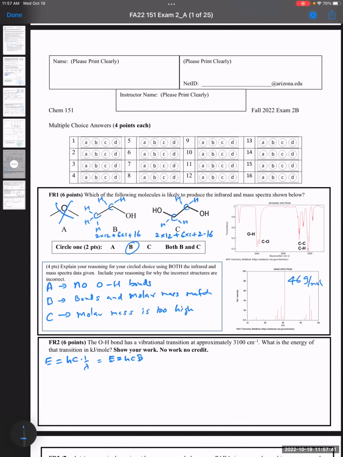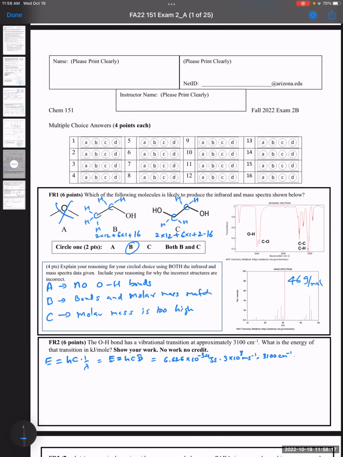Now what we do is we just plug and chug. h is 6.626 times 10 to the power of minus 34 joules seconds, and c is 3 times 10 to the power of 8 meters per second, and multiply this by the wave number, which is 3100 per centimeters. But we need to convert this to per meters.